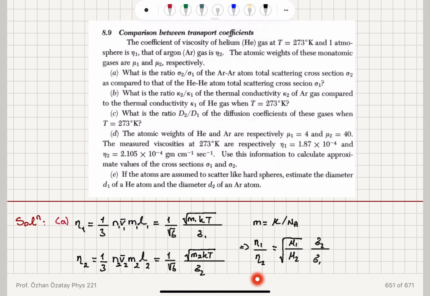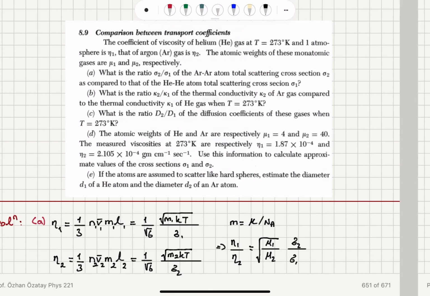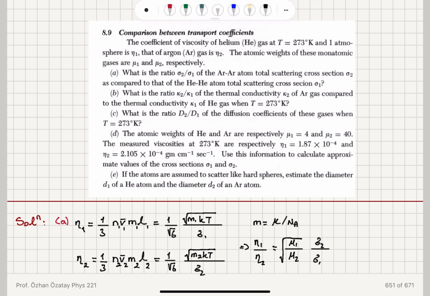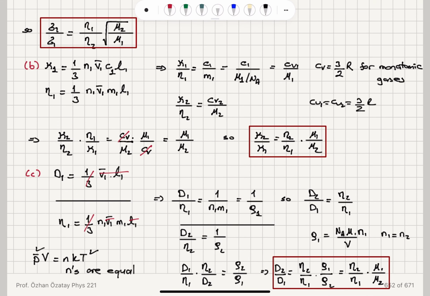So the ratio of the viscosities eta 1 over eta 2 is square root m1 over m2 times sigma 2 over sigma 1. But m, the mass of one atom, is the atomic weight divided by Avogadro's number, so it is actually square root mu1 over mu2 times sigma 2 over sigma 1. So sigma 2 over sigma 1, the argon to helium ratio, is then eta 1 over eta 2 times square root mu2 over mu1. That's the answer to part A.